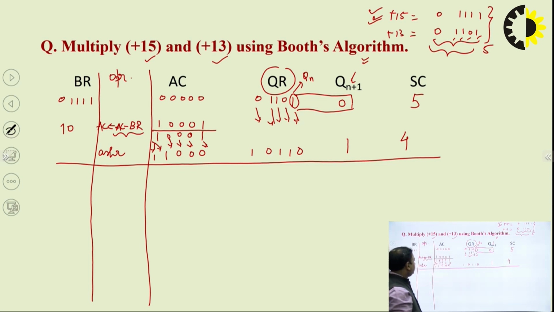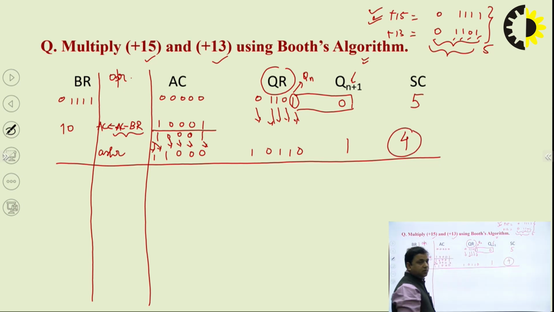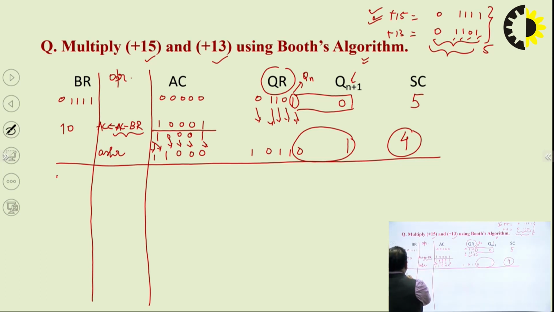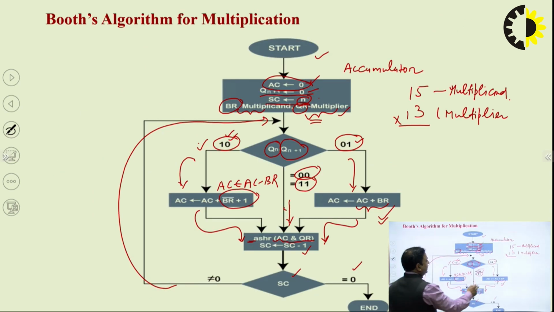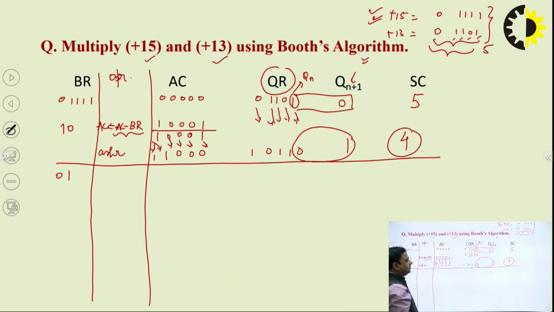Right? Next, again, is the sequence counter value equal to 0? No, this is not equal to 0. If it is not equal to 0, then again move to the value of the pair Qn and Qn plus 1, that is 0 and 1. Put it here: 0 and 1. What 0 1 says as per the algorithm is, accumulator equals accumulator plus BR. So the accumulator is here and BR is there.